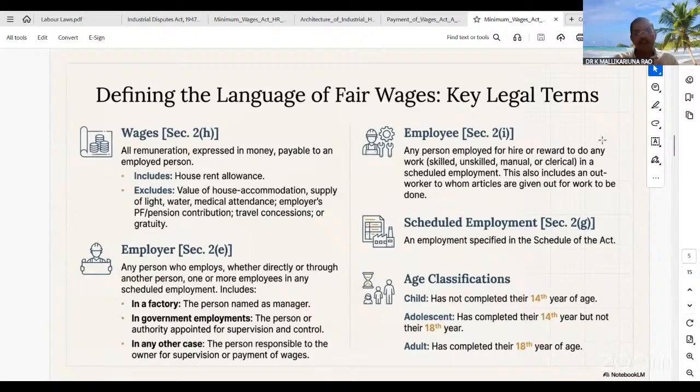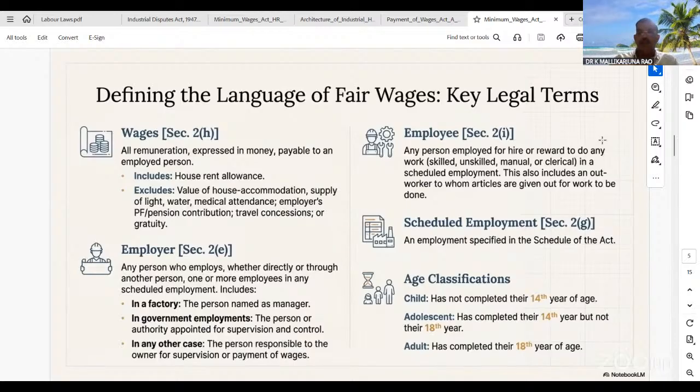So, for any act, what we can do is first understand the definitions of very key and important words, like wages. Wages include house rent and allowances. As I talked about earlier, there is also the exclusion of these wages. The second one is employer: the factory owner, or sometimes the government, or the person responsible for the employer, as per section 2, subsection E. Employee is any person employed for hire or reward, either skilled, unskilled, manual or clerical, including in a scheduled employment.